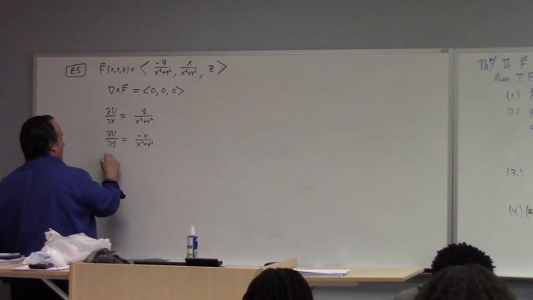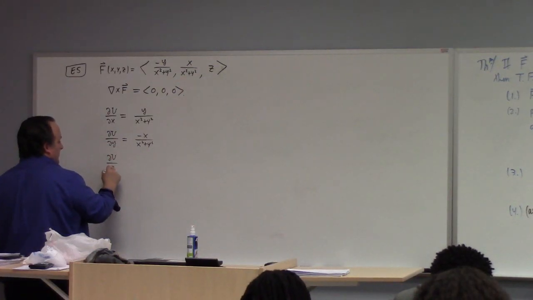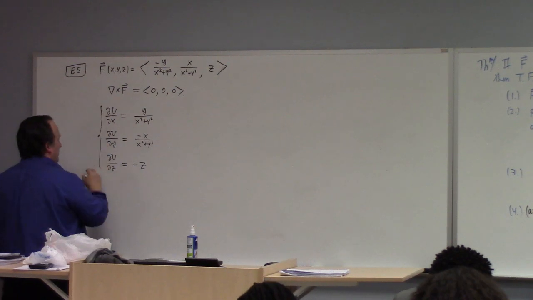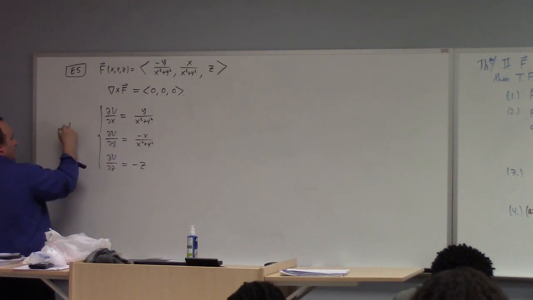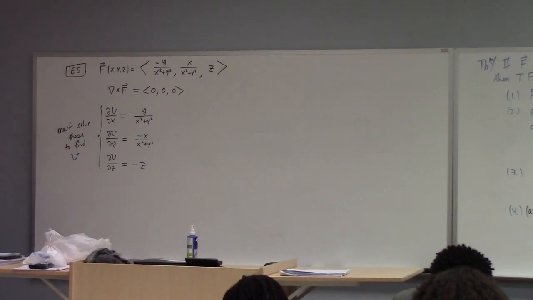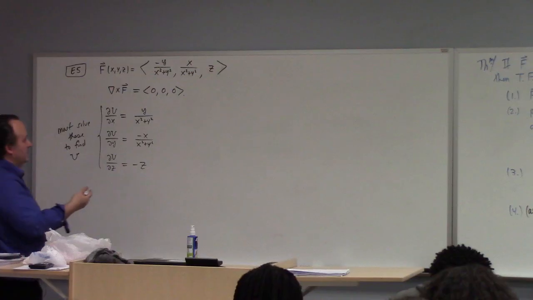All right? And partial u, partial z equals minus z, right? I've got to solve these. Must solve these to find my potential energy function u. Can we do that? Sure, we can do that.